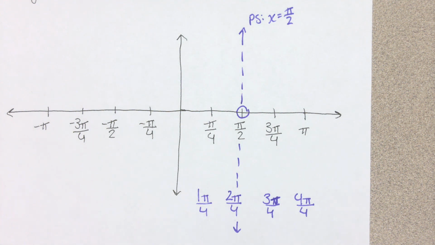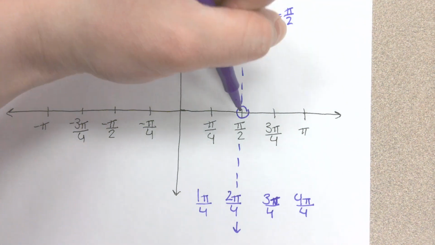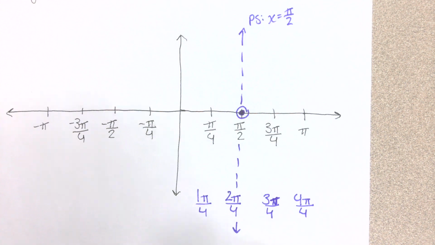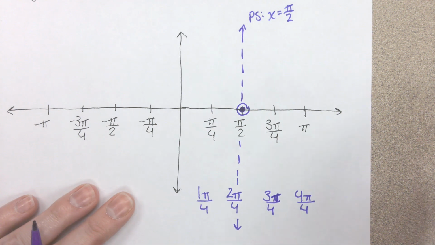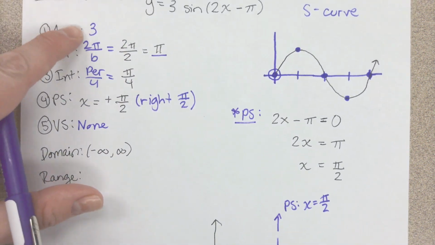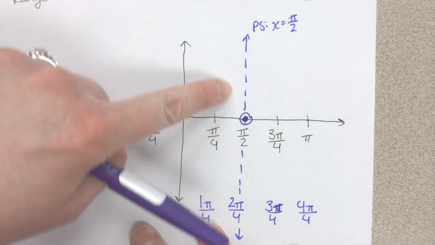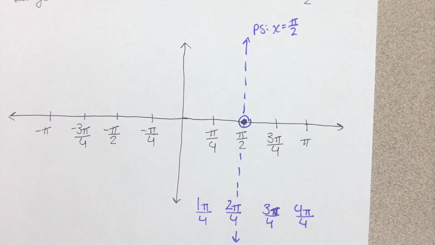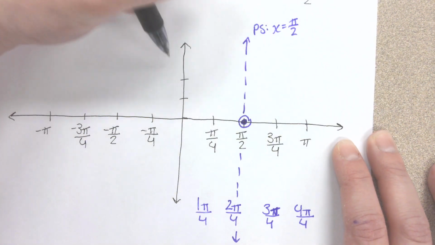From here, we can start plotting points. Sine starts in that circle. Going to the right, the next point is at the maximum. That is based on the amplitude. Our amplitude is 3. So we're going to go up 3 from that circle. So I'm going to put 3 notches on the y-axis.